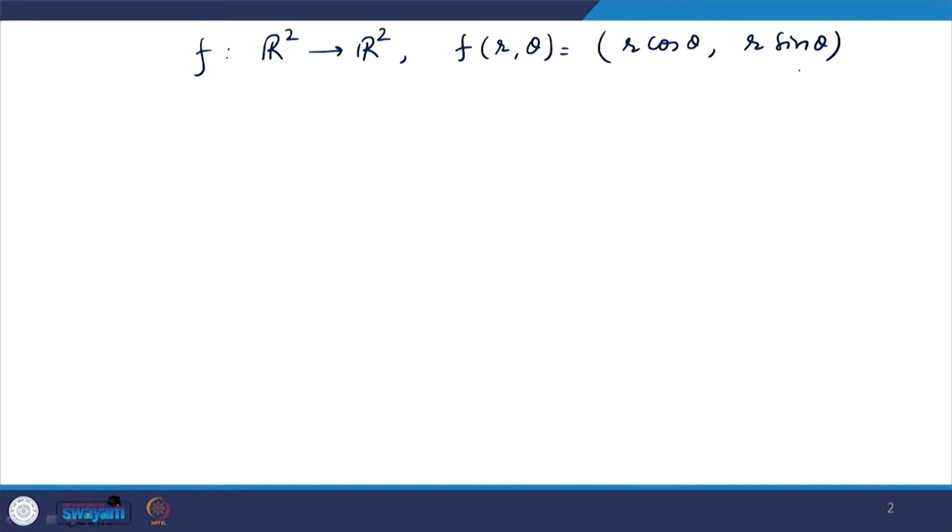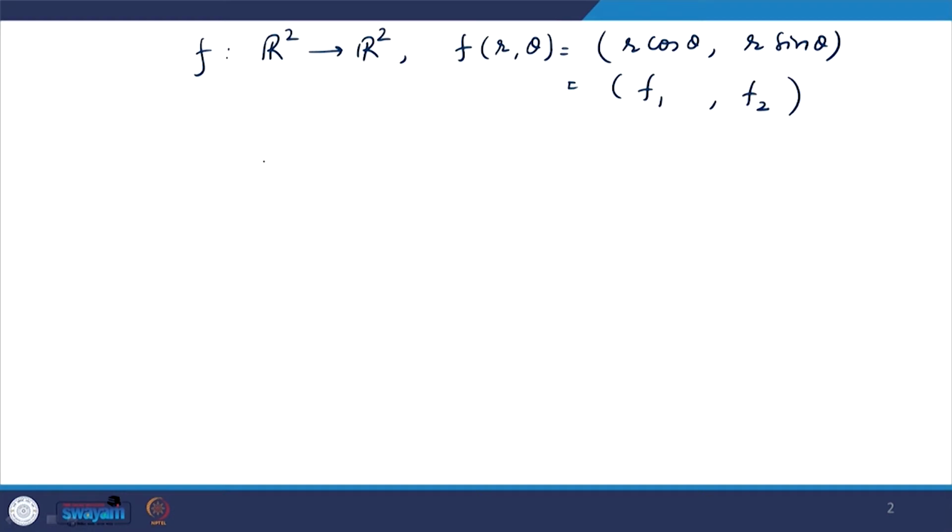Suppose you have this example: f is from R2 to R2, and f of r, theta is given by r cos theta and r sin theta. Here we call the first f1 and the second f2; f1 and f2 are again functions of r and theta.